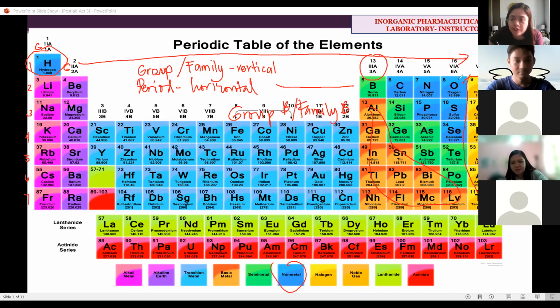From fluorine to tennessine, we call them halogens. They are still non-metals, but to be specific, we call them halogens. And of course, we have helium here going downward; we call them the noble gases. So, why do you think they are called noble gases? Anyone here know why they are called the noble gases?